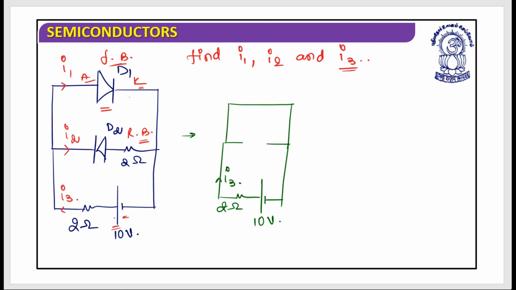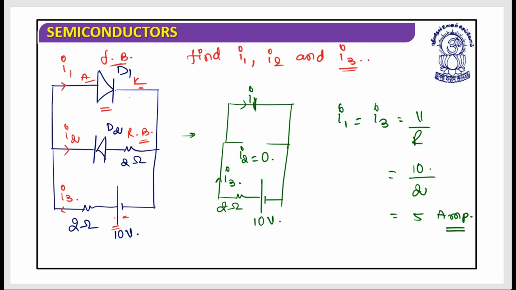I hope this is clear. As I2 equals 0 because no path is there, I1 and I3 would be equal. So I1 equals I3, which equals V by R. This is the simplest case of 10 by 2, which equals 5 ampere. I hope this is clear.